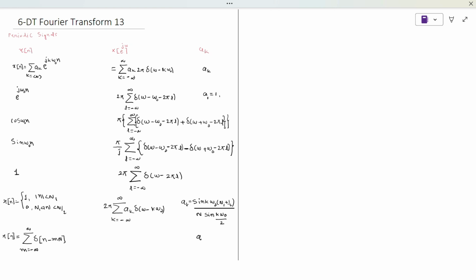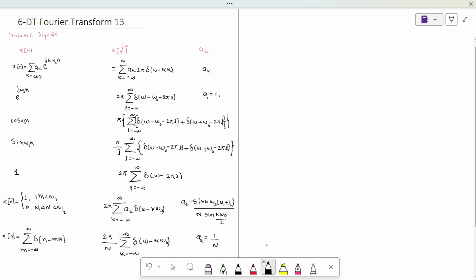So here the Fourier coefficient ak for this impulse train equals 1 by N, where N is the time period. So ak is a constant. That's why here we write 2 pi by N sigma delta of omega minus k omega naught, k from minus infinity to plus infinity. So this is the periodic signal.